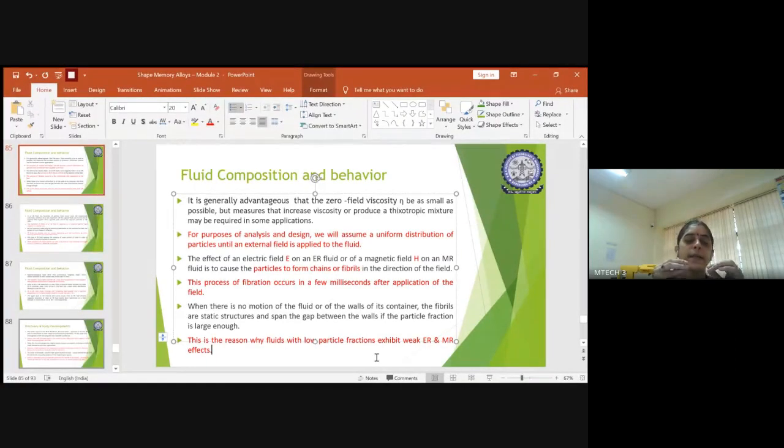Since they are in less number, they just form very small structures with huge gaps. And as a result, the viscosity of it also will come down and the ER or the MR effect will not be so good.